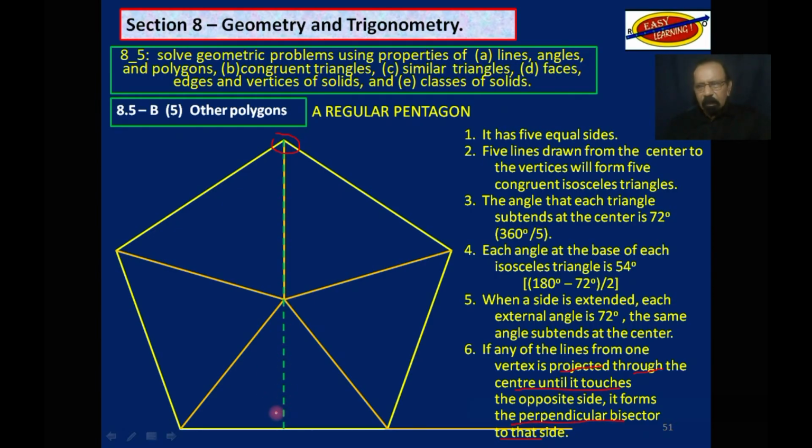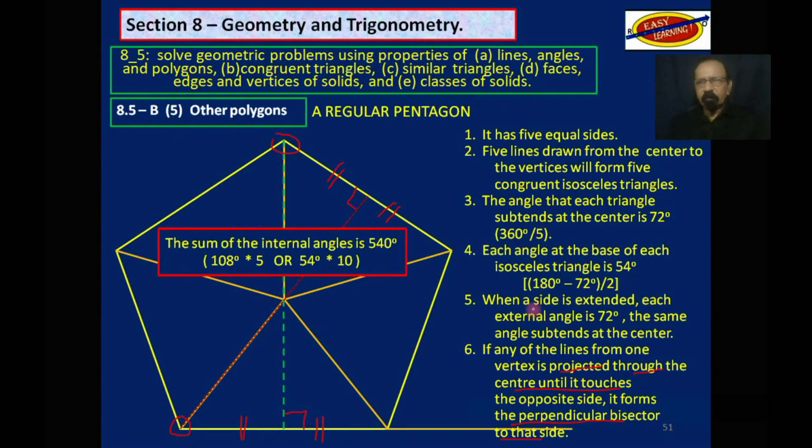That line will be perpendicular here and it will also bisect this side. Same thing happens for that other line. Project that line through the center to that side. It will be perpendicular there and it will also bisect that side, and so on.